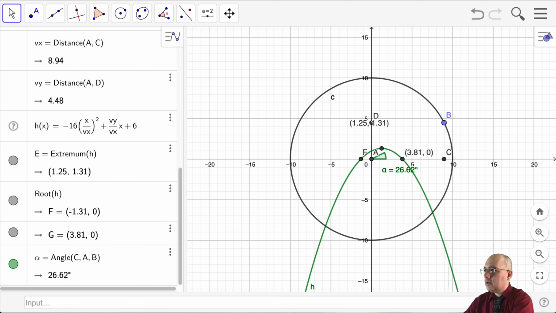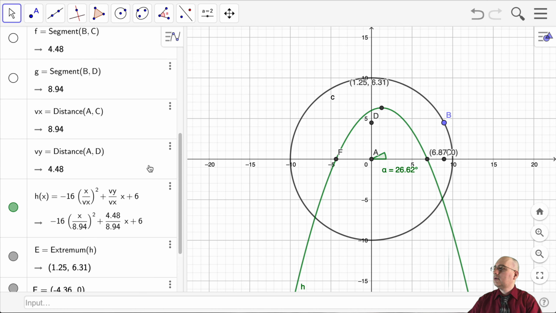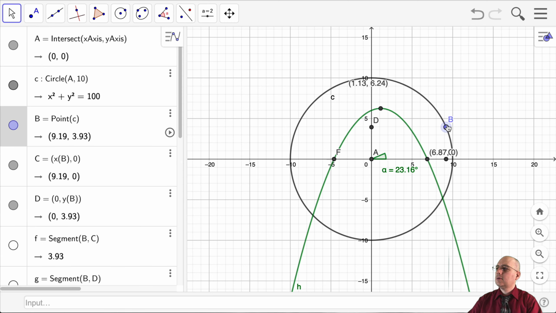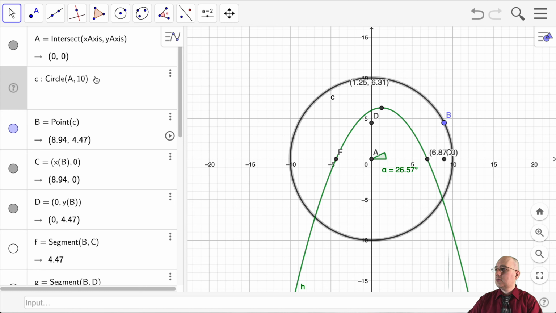We could change the radius of the circle. So here, this point is 26.57 degrees. Is that affected by the radius of the circle? Well, let's do 20.